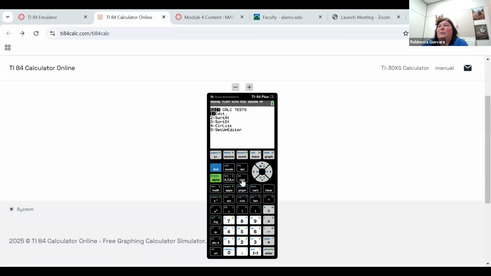Okay, so if I went into my edit list again, and we have all that old data in there, we don't want it. Go up, highlight the list, clear, hit enter, and it'll clear that entire list for you. So now we can put in those Bigfoot numbers. One state had 19, 259 in another, 225 in another, 59 in one more state.